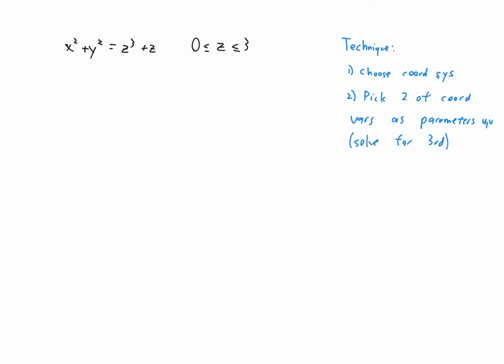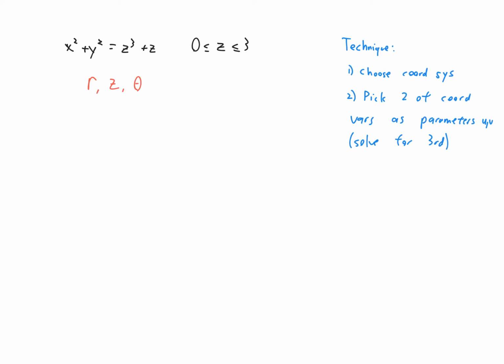Here in the next example, this seems like a good candidate to use cylindrical coordinates because I have an x squared plus y squared here. So I need to decide among the three cylindrical coordinates, r, z, and theta, which ones to use as my parameters, u and v.